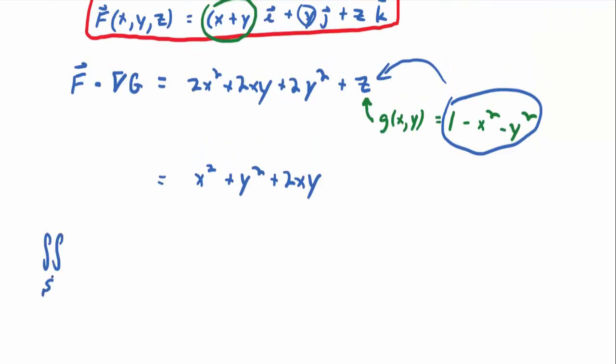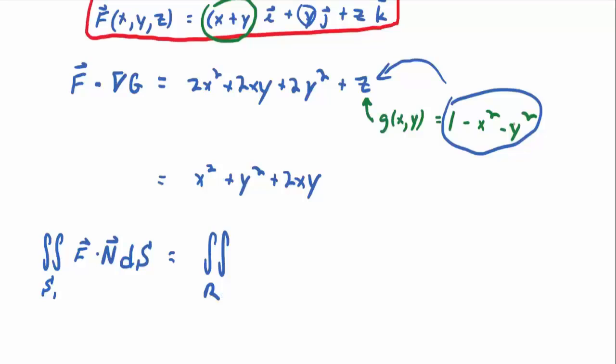The flux integral over S1, which we can represent like that, can be calculated using, okay, R is going to represent what you get when you project S1 into the xy plane.